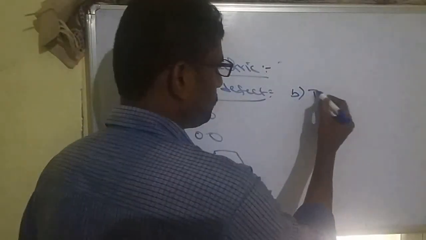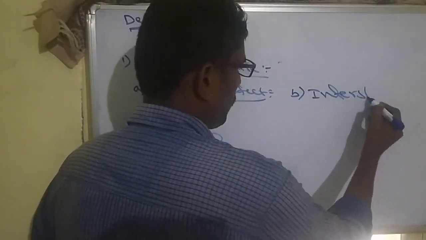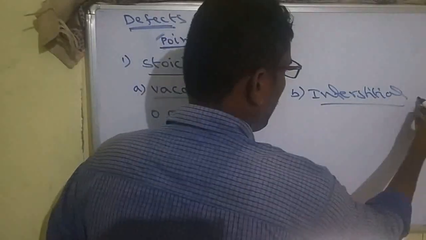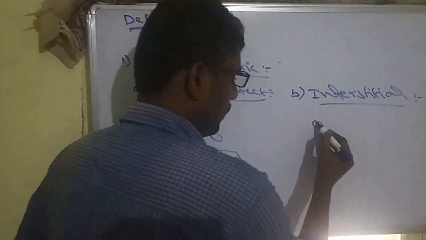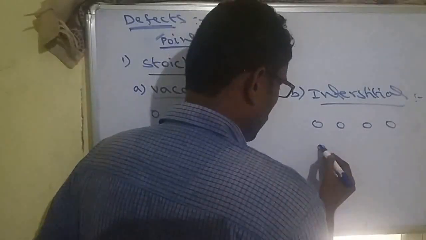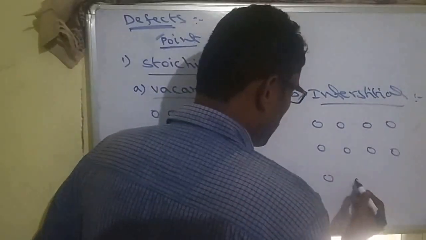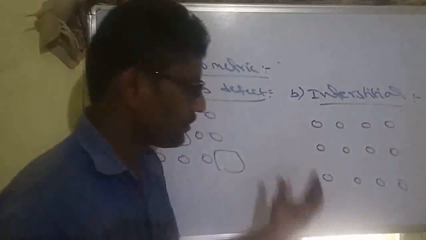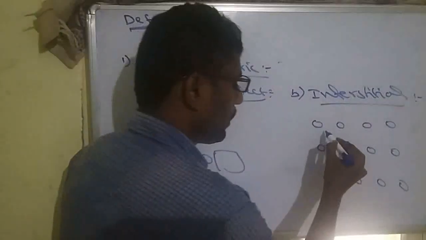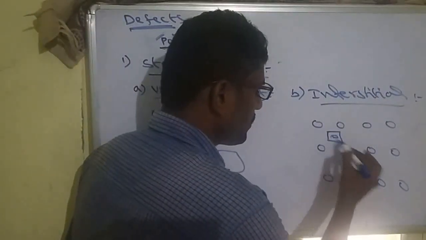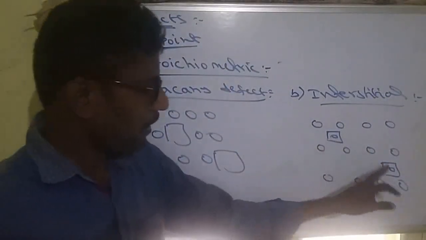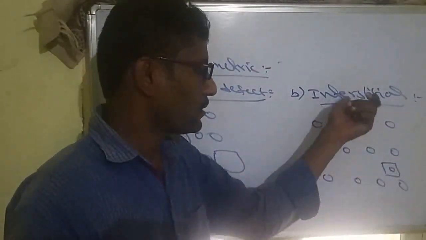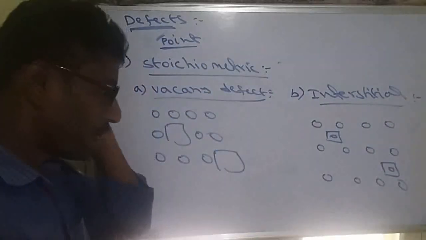Another one is interstitial defects. Interstitial defect means in a crystalline solid, some extra particles are occupying interstitial sites. So these are extra particles occupying, and such defects are called interstitial defects.